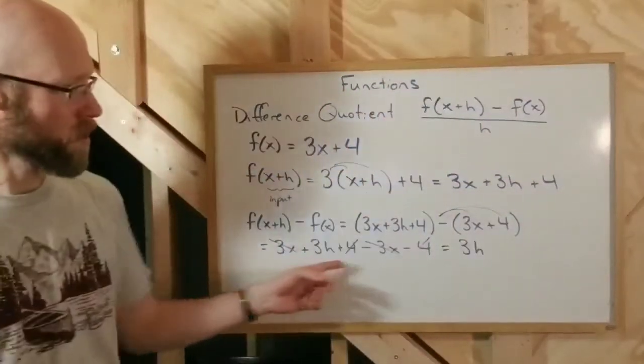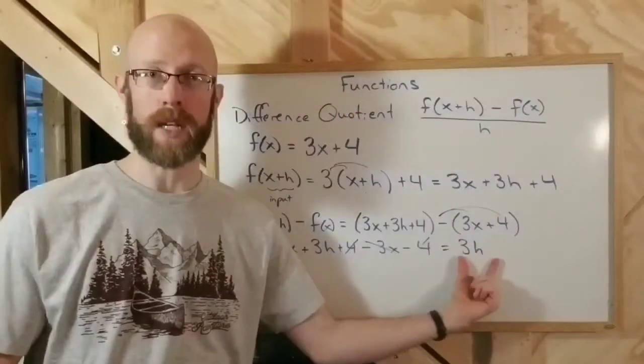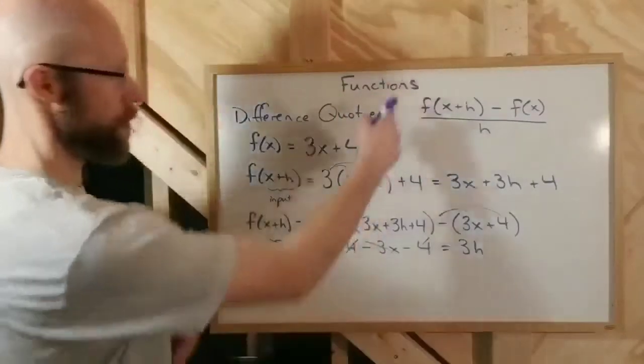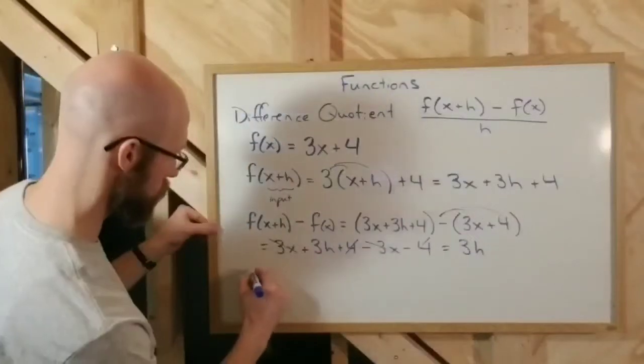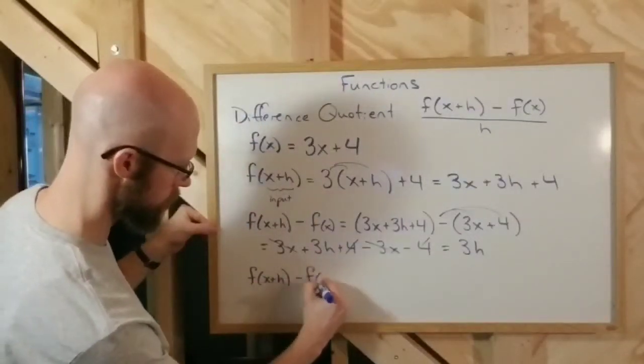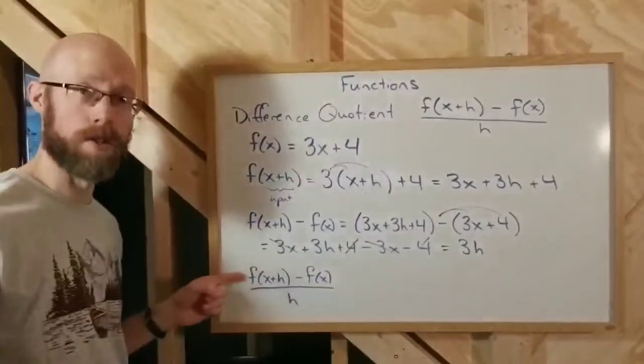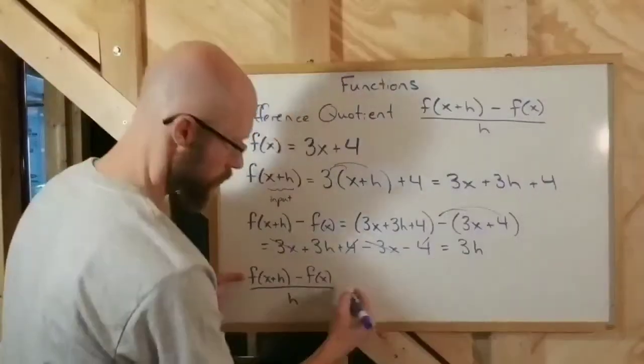Okay? So that means my entire numerator is nothing more than just the expression 3h. So if I want to find that whole expression with the h on the bottom, f of x plus h minus f of x all over h, well, the numerator is just 3h, right?